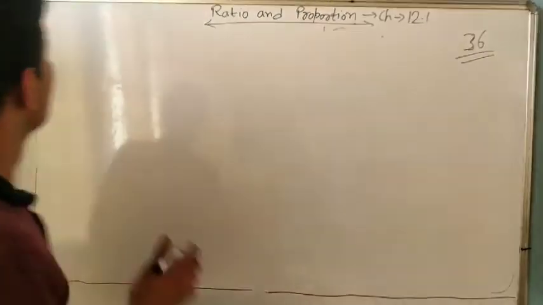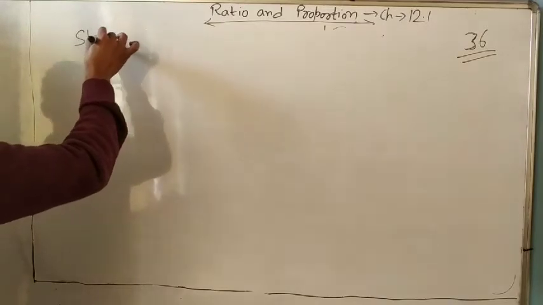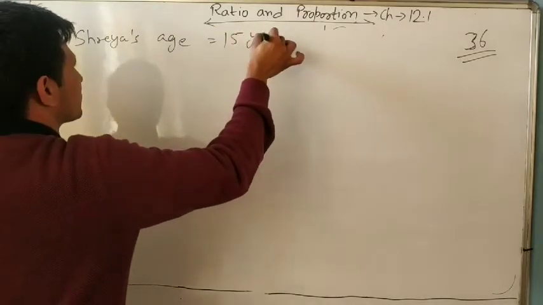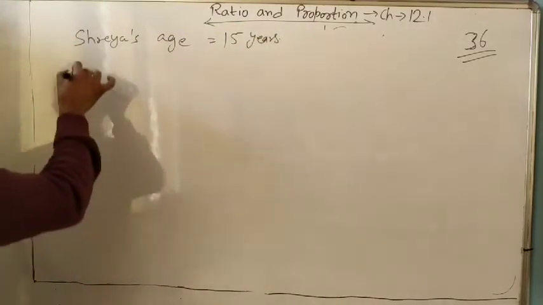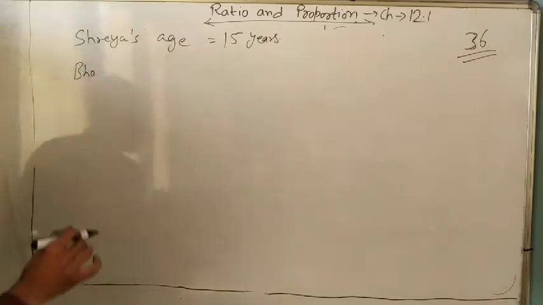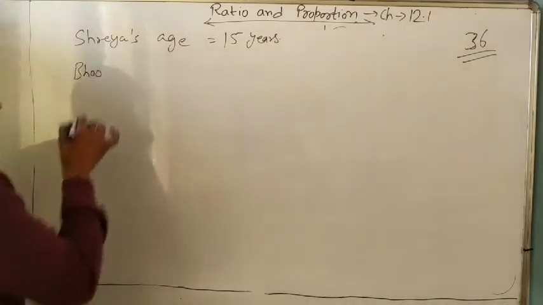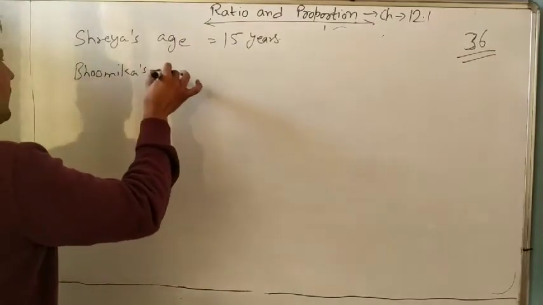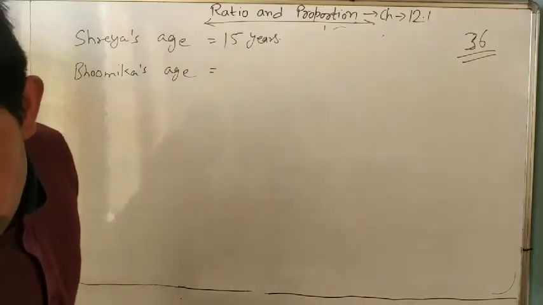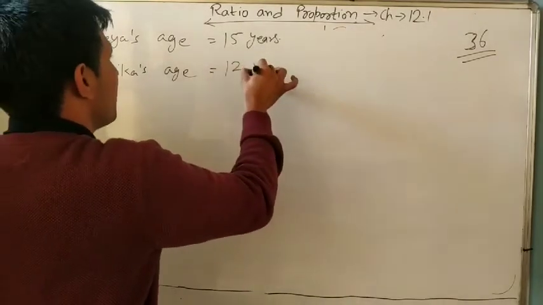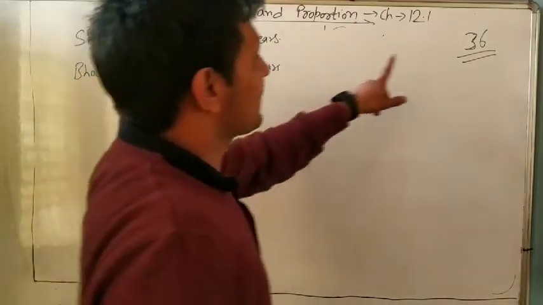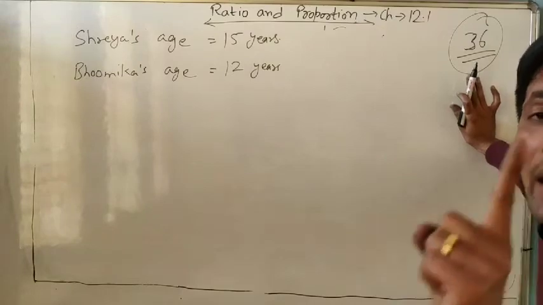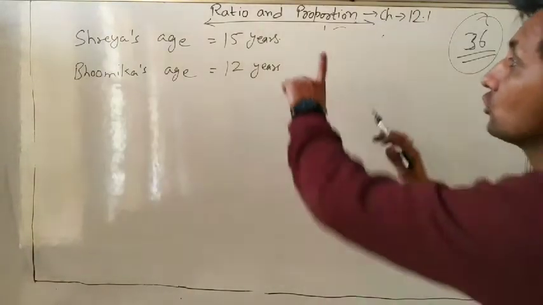So first we will find the ratio of their ages. We write Shreya's age, 15 years. Next is Bhumika's. What is given? Bhumika's age, how much is given? 12 years. But her mother has 36 rupees and wants to divide the rupees in the ratio of ages.